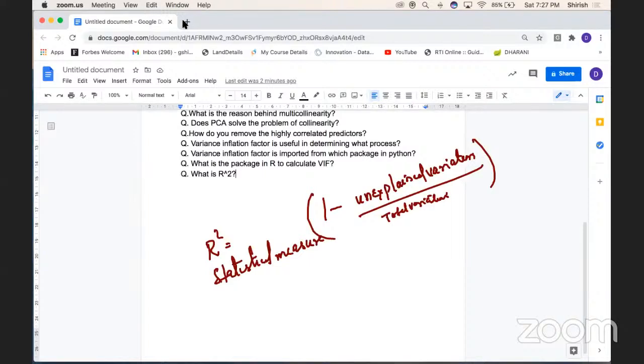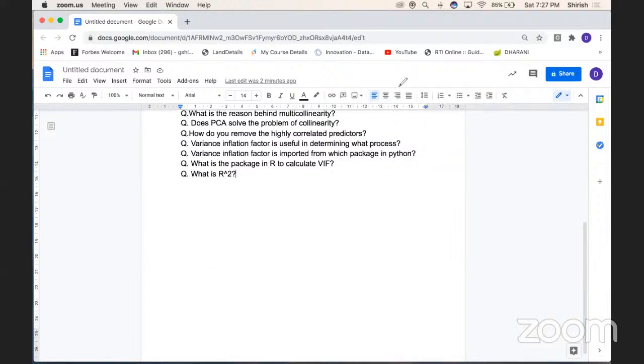Okay. So what happens if the variance inflation factor you got is greater than 10, the standard? What if the VIF value, when you find it from the respective packages in R and Python, is greater than 10, what does that mean?